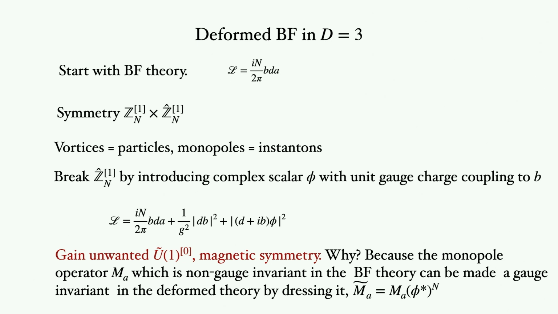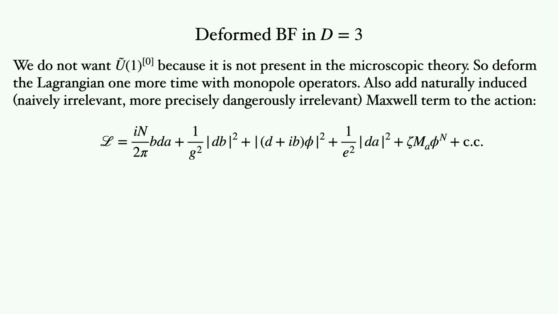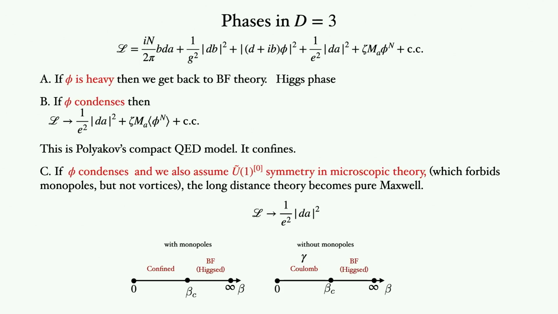So what do I do? I add a monopole operator to my Lagrangian. I also add a kinetic term for the Maxwell field, because I know that it will be generated. It is naively irrelevant, but strictly speaking, it is dangerously irrelevant, and you will see why. This is my deformation class, and it includes essentially everything.